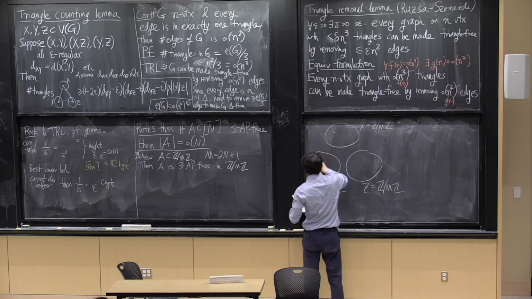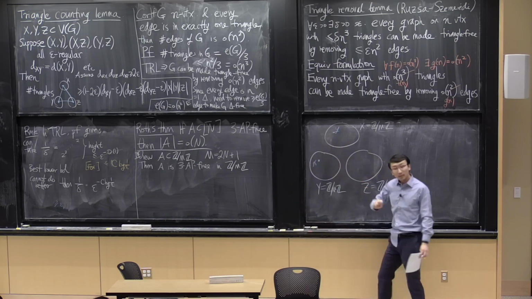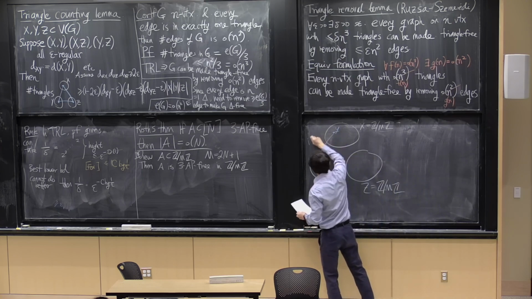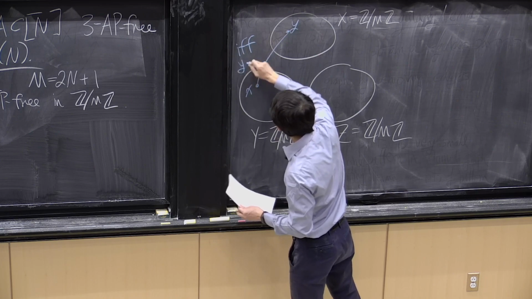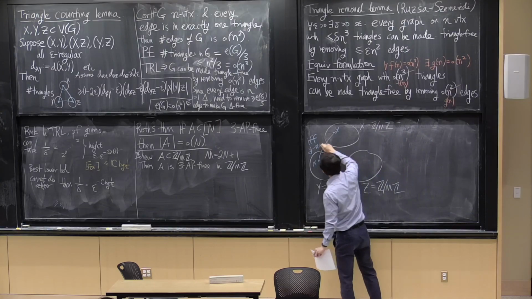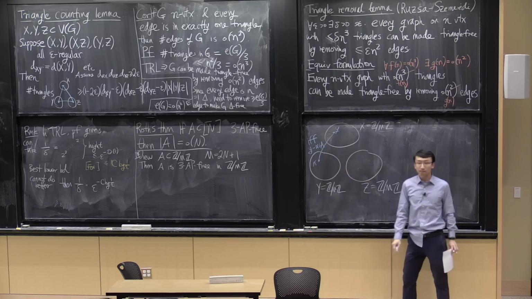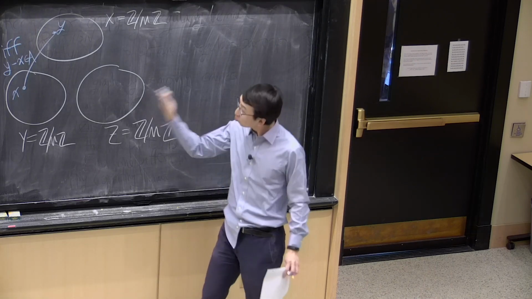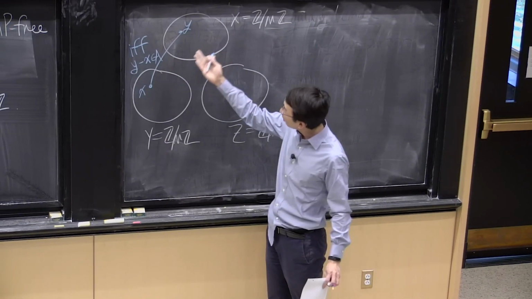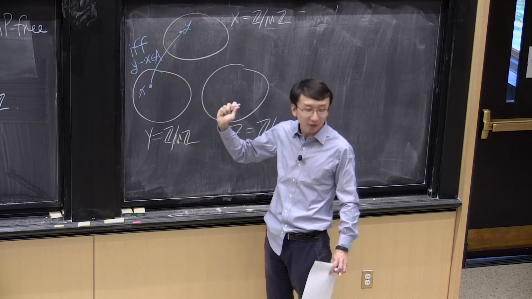I put in an edge between vertex x and y if and only if y minus x is an element of A. Okay, so it's a rule for how to put in the edges. And this is basically a Cayley graph, a bipartite variant of a Cayley graph.